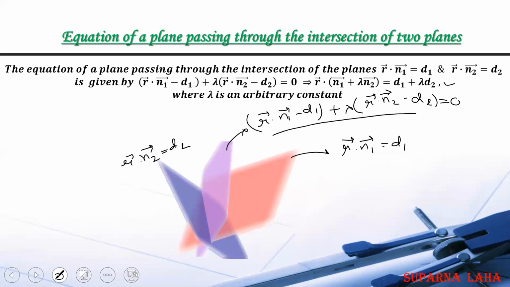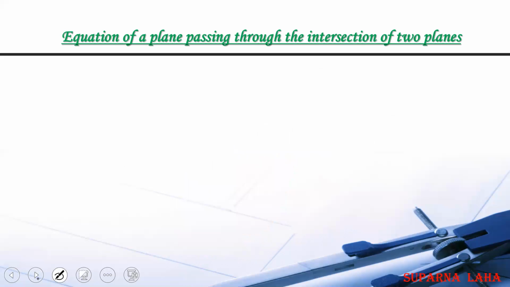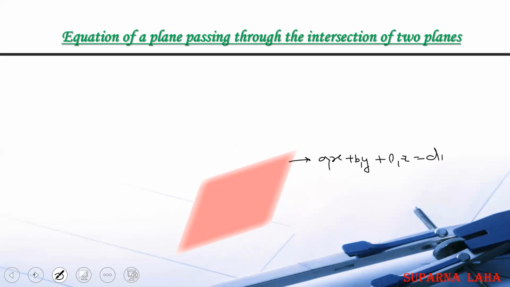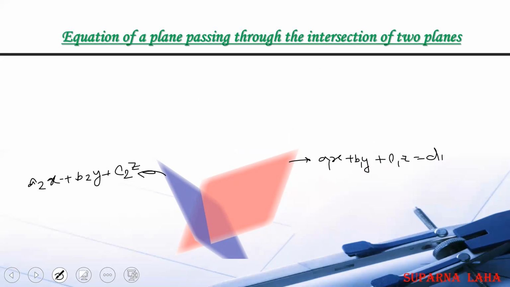Now if we move to the Cartesian form of this equation, the equation of this plane is a1x plus b1y plus c1z equals d1. Taking another plane intersecting this plane, it is given by a2x plus b2y plus c2z equals d2.